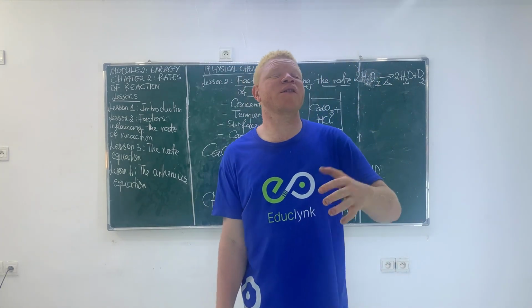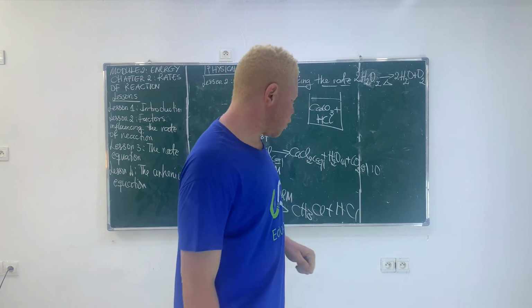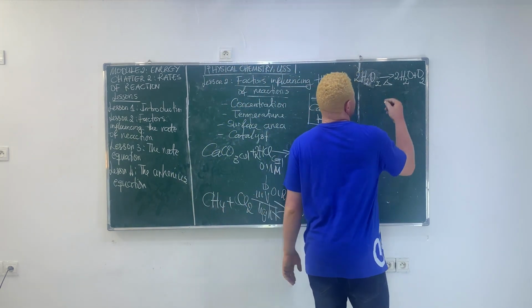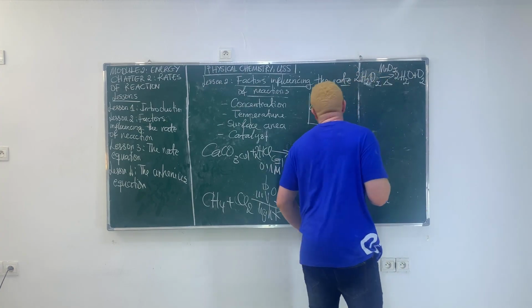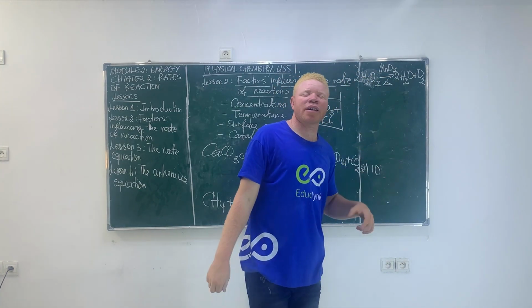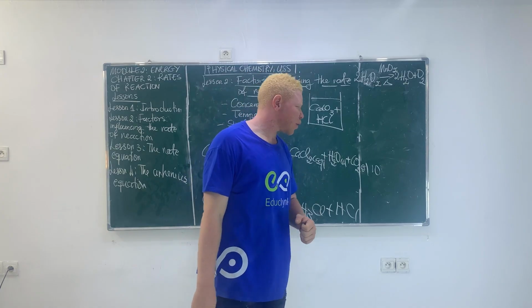In this case, for the rate of reaction to increase, we are going to use manganese dioxide as a catalyst. So manganese dioxide is there to increase the rate of the reaction.